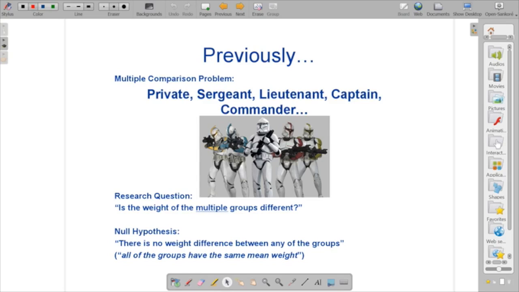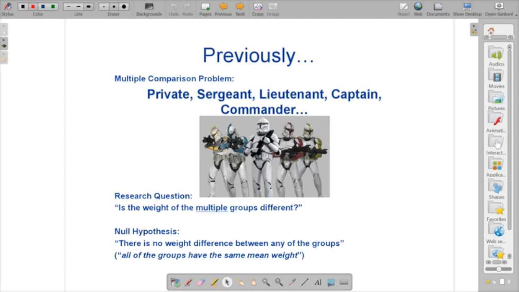We set about answering this research question, is the weight of the multiple groups different? That's the multiple groups defined by their rank. And specifically, we used analysis of variance to answer the null hypothesis that there is no weight difference between any of the groups.